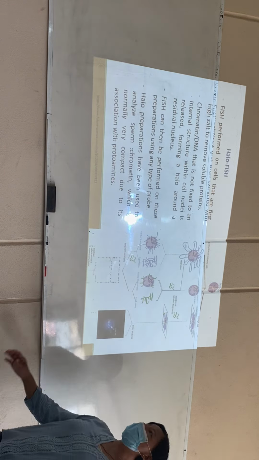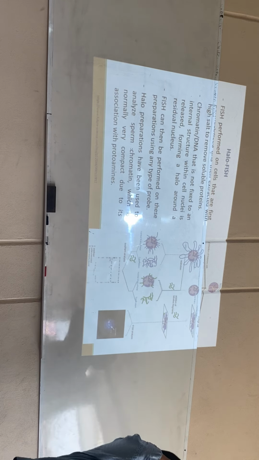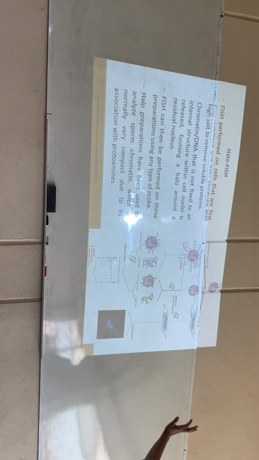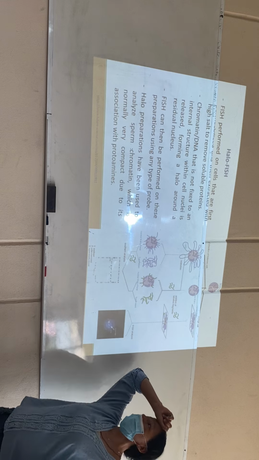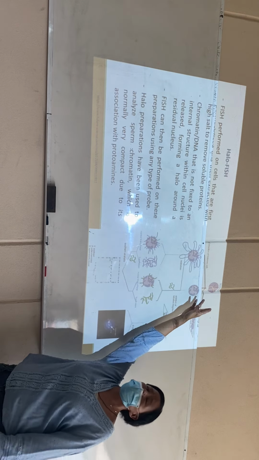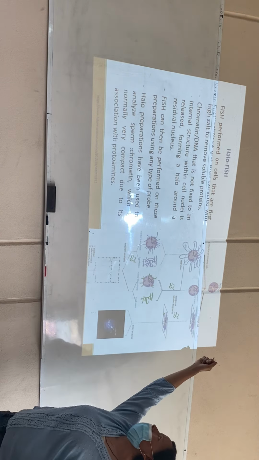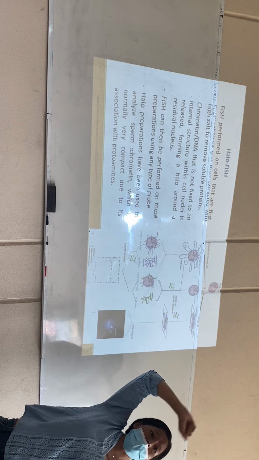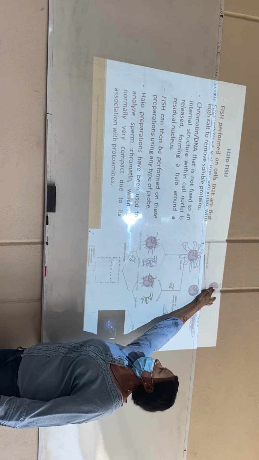The next one is called Halo-FISH. For this one, once again, we're observing the sample. The sample is a cell. The sample is highlighting the nucleus. This is the nucleus.